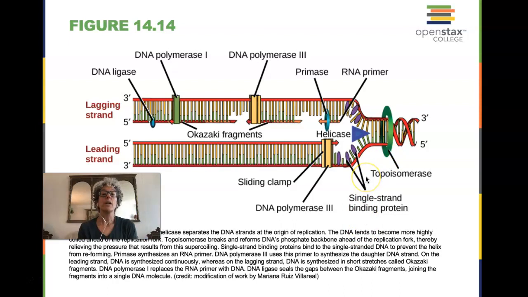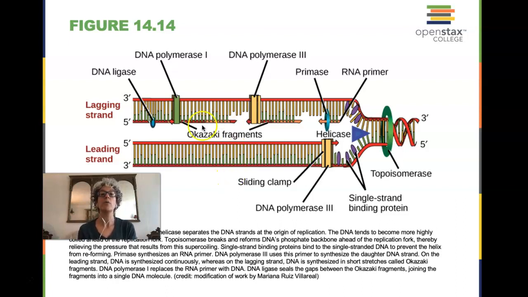Now, in order to make a copy, we do need DNA polymerase to build a polymer of DNA. We actually have two different ones, and we'll get to why in a moment. We have a leading strand and a lagging strand. They are called that because the leading strand, as it appears here, is synthesized continuously.